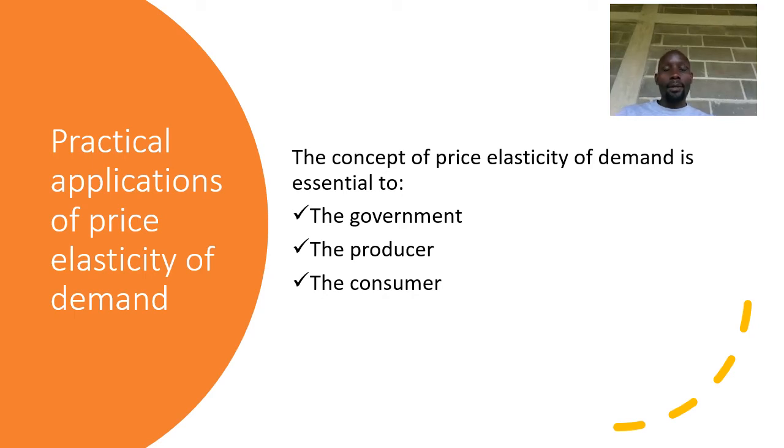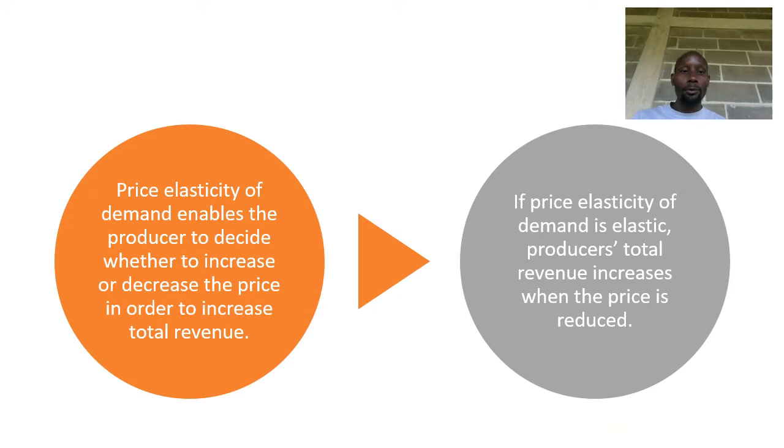Practically, price elasticity of demand is used by three entities. We have the government, the producer, and the consumer. How do producers, for example, use price elasticity of demand? It is used by producers to determine whether to increase or decrease prices of their commodities in order to increase total revenue.